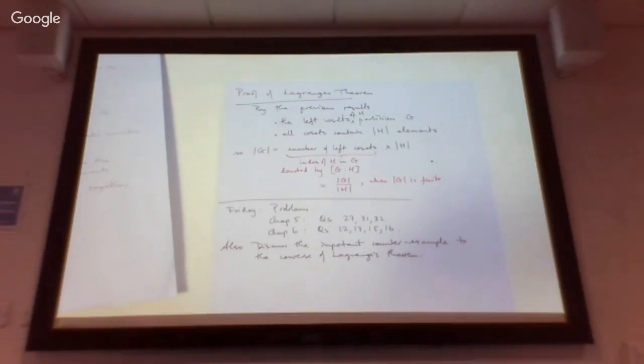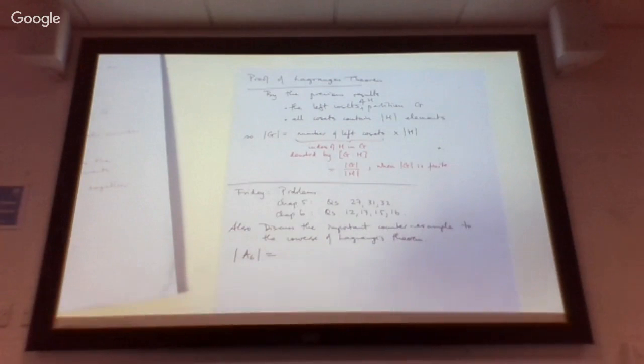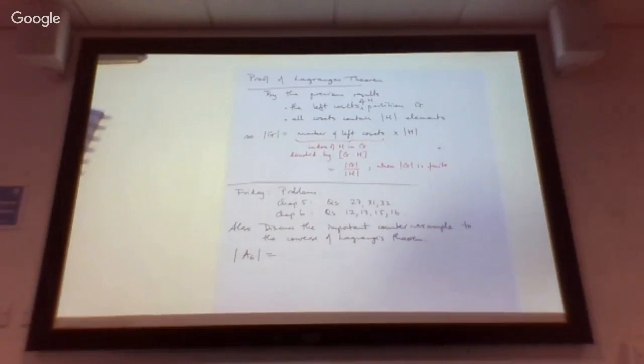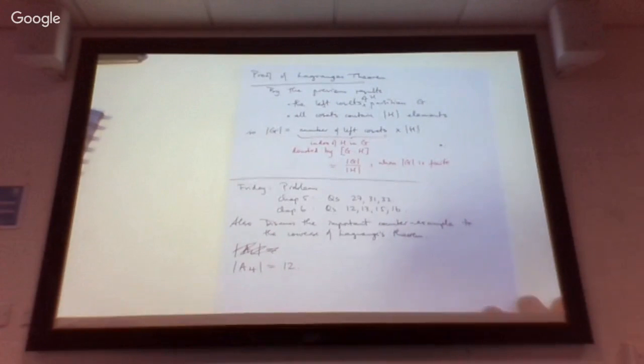So our hopes are raised briefly that Lagrange's theorem might tell you that certain subgroups exist, but there's an important counterexample, which we'll discuss on Friday: A4, the alternating group on 4 objects, the set of all even permutations on 4 objects.